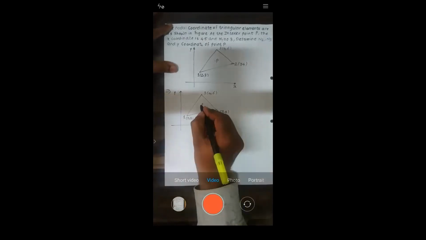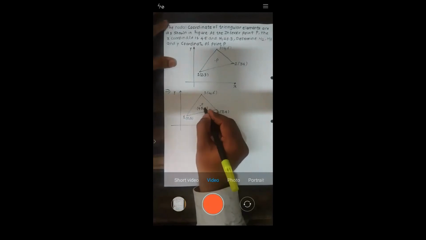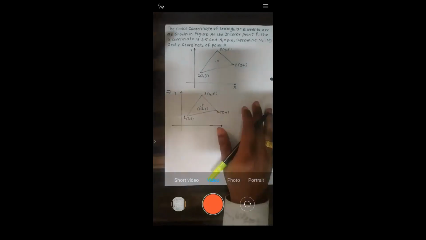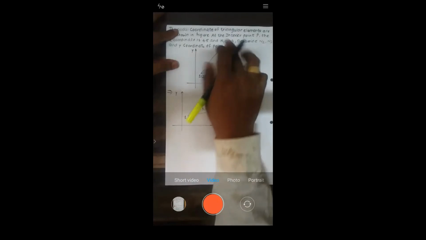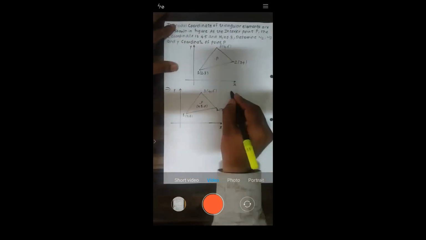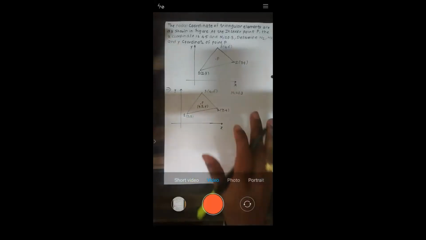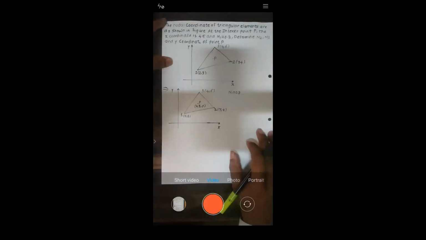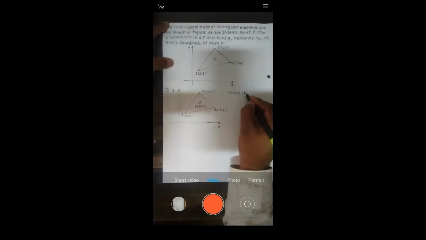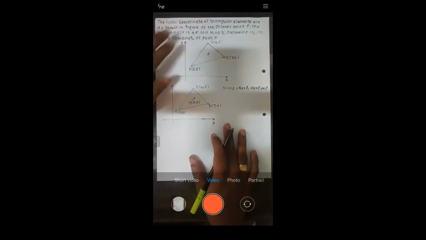We don't know the y coordinate, so I'll write it as y. And the shape function N1 is given as 0.3. They're asking to determine the value of N2, the value of N3, and similarly the y coordinate. Is it okay?